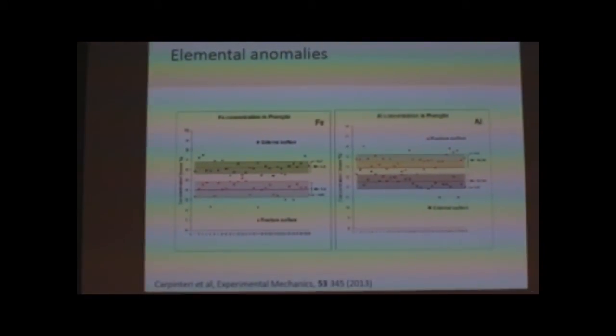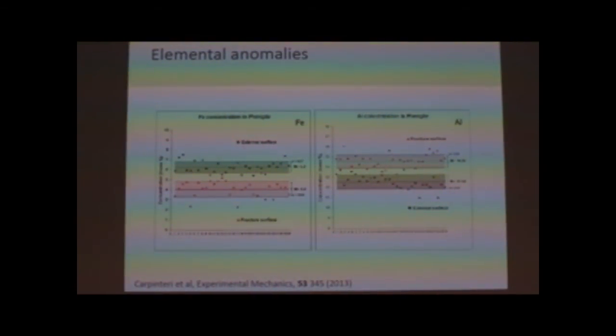They see elemental anomalies, and the elemental anomalies is what is attracting my attention mostly, and the reason I'm up here talking to you. So in the case of the elemental anomalies, here's iron concentration, and here is the iron concentration in this particular sample on the external surface.